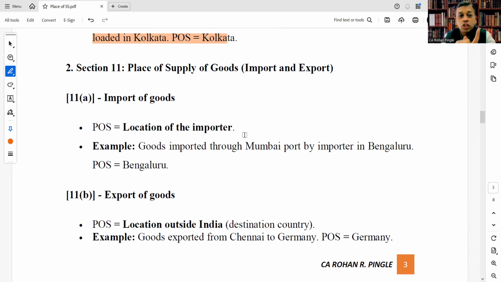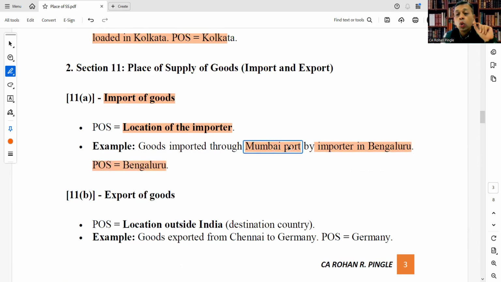Let's start with section 11, clause A, import of goods. Place of supply would be the location of the importer. Whenever there is import of goods, place of supply will be the location of the importer. Let's see the example. Goods imported through Mumbai port by an importer in Bangalore. So place of supply will be Bangalore, not Mumbai port.